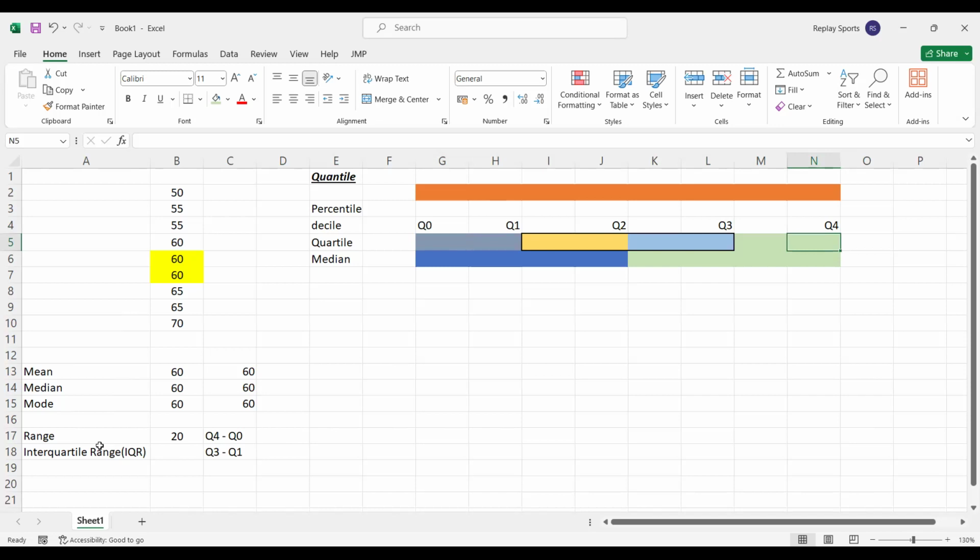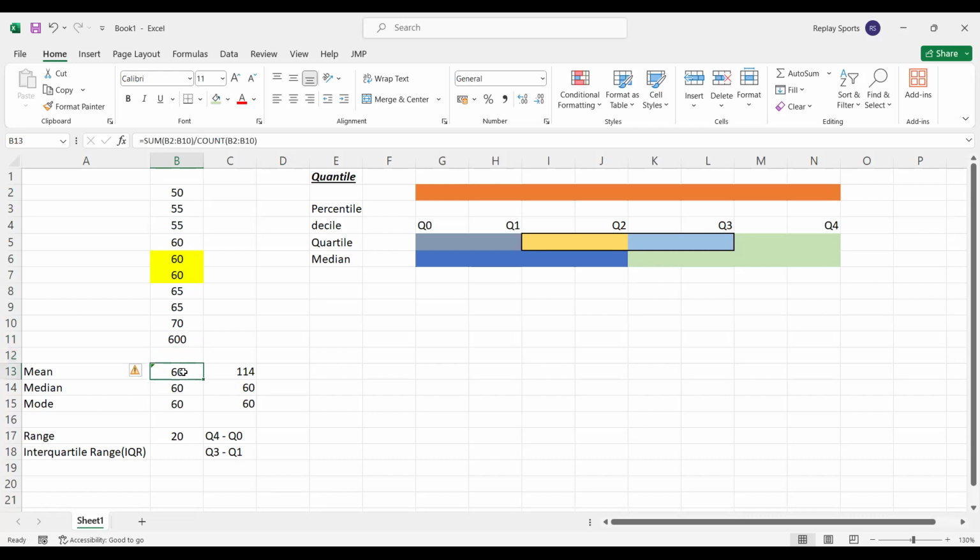Now, what is the significance of interquartile range? If you have any outliers, they will be removed. That's the significance of interquartile range. Now, let's say if I have 600 here, then imagine the range would have been what? 600 minus 50, 590. Very high.